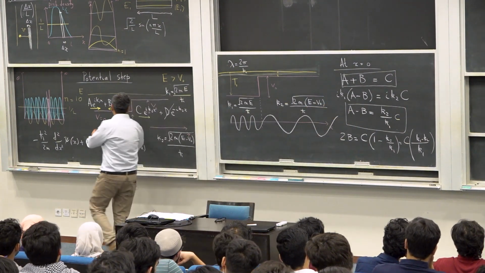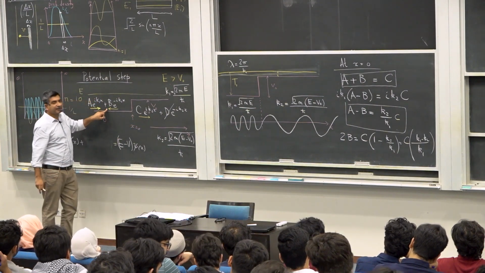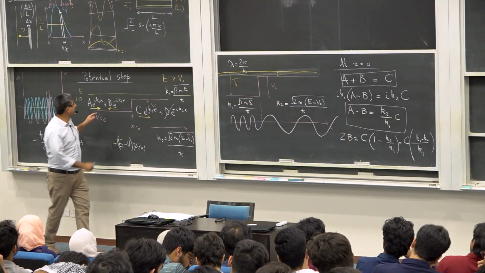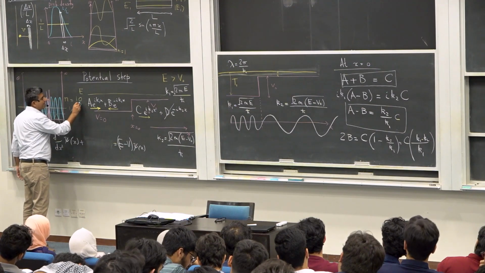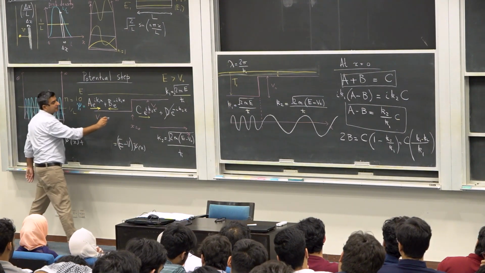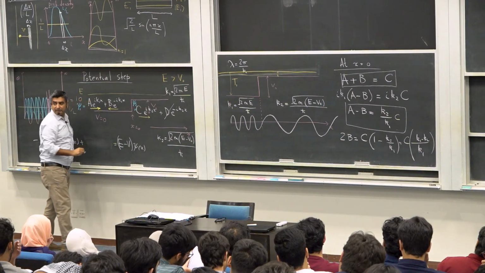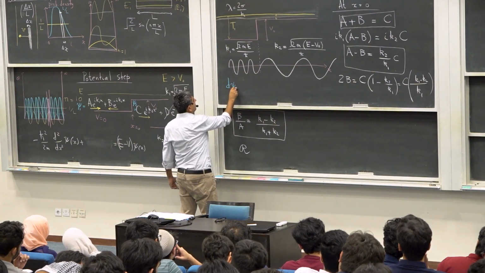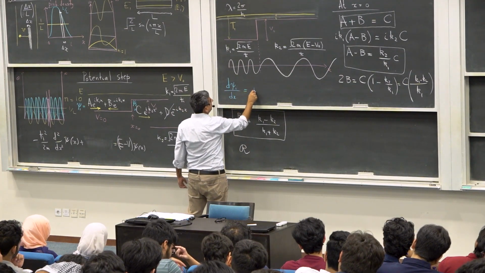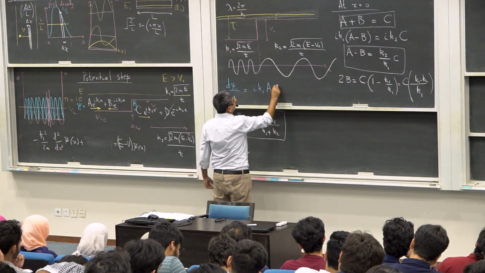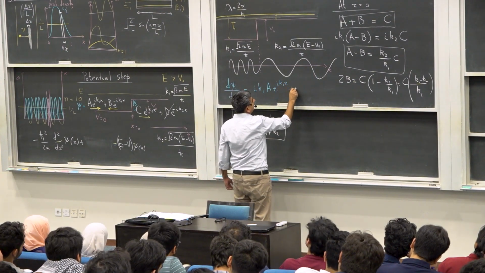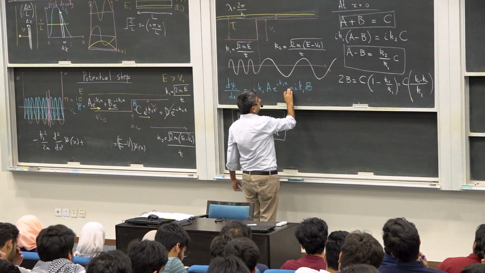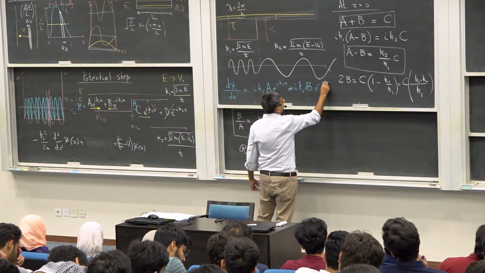So these are the two wave functions. What's the derivative of this wave function? Let's call this psi 1, this is psi 2. Alright? So the derivative of psi 1 is i k1 a e^(i k1 x) plus i k1 a b, this one minus e^(minus i k1 x).